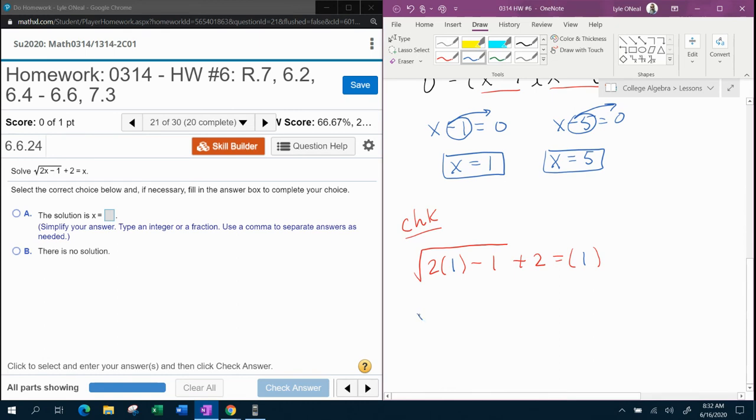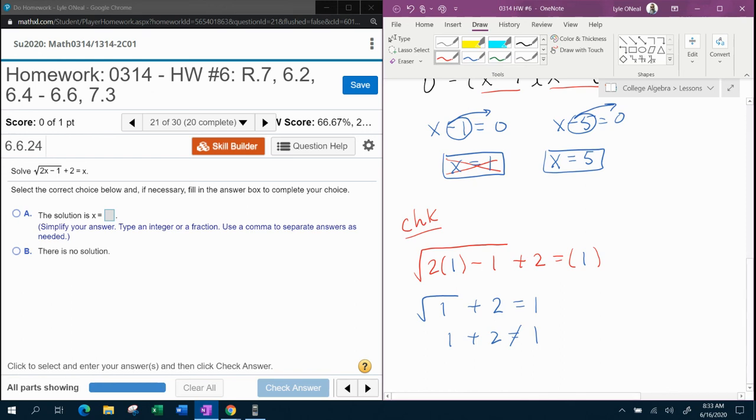So we're going to have the square root of 2 times 1, which is 2. 2 minus 1 is 1. Plus 2 equals 1. So the square root of 1 is 1. And 1 plus 2 equals 1. No, it doesn't. 1 plus 2 is 3, not 1. And so that means that the positive 1 doesn't check out. So the 1 is no good.